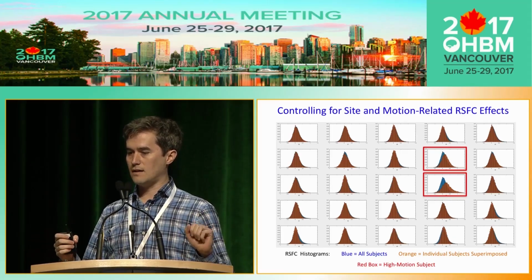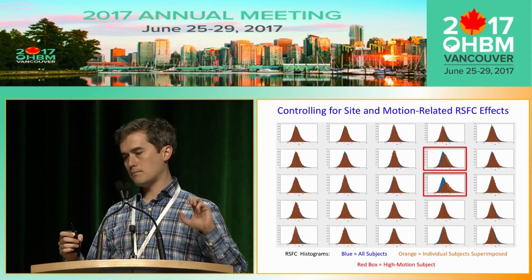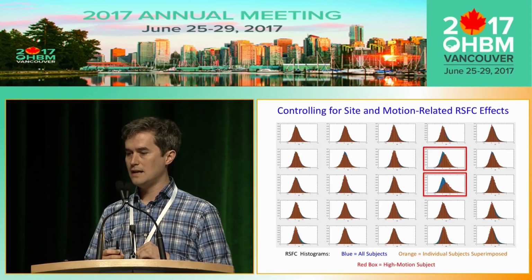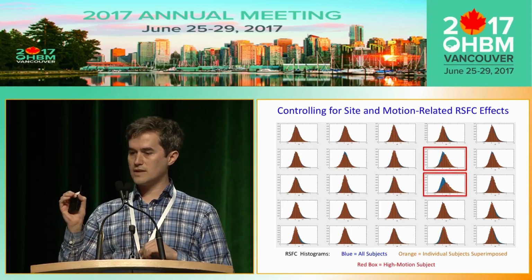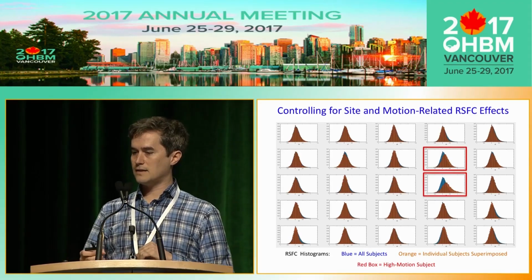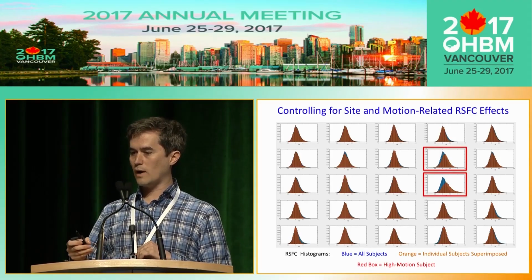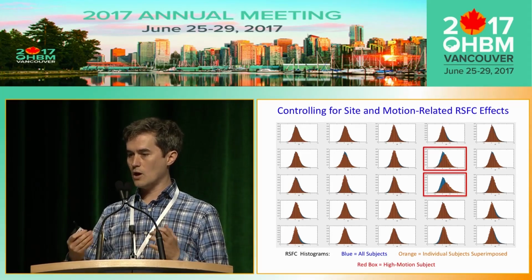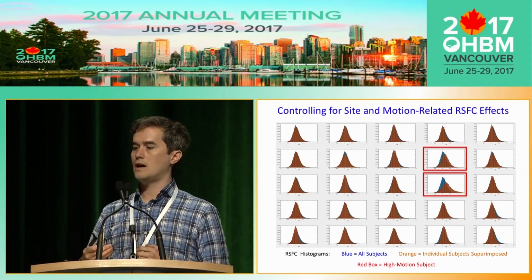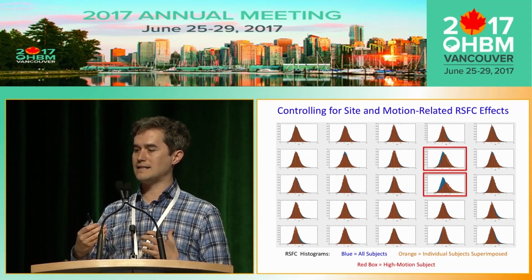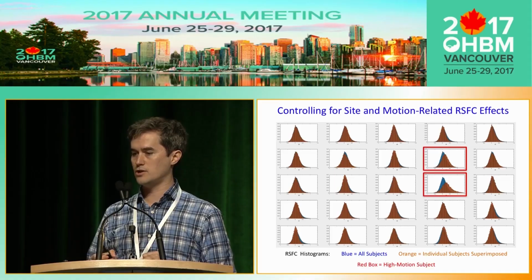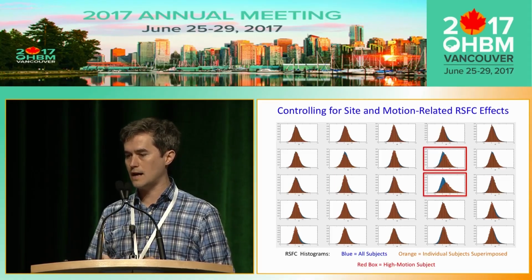In blue, you see the probability distribution for all subjects in a healthy control data set, and in orange, you see individual subjects superimposed on them. The thing you can see really quickly just by glancing at it is that most of them look pretty similar to the overall mean for controls, but that is not the case every now and then for a high motion subject. The whole distribution is strongly shifted to the right.